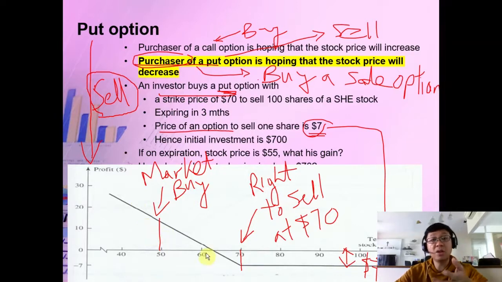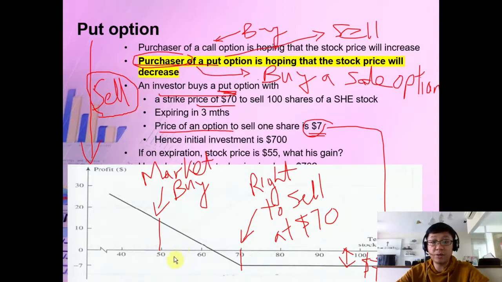So depending on the option contract, different options will have different deposits, or prices of the option, that you need to pay. So there you have the $7 offset. Right, so the strike price is the right to sell at $70. What happens if the market price is 55? Let's say on expiry, what is his gain?